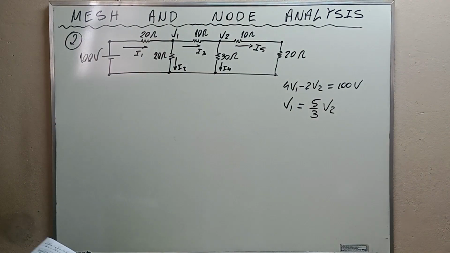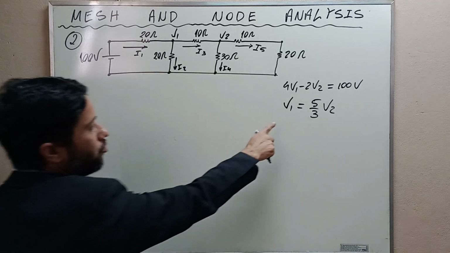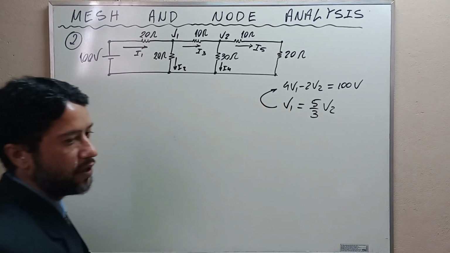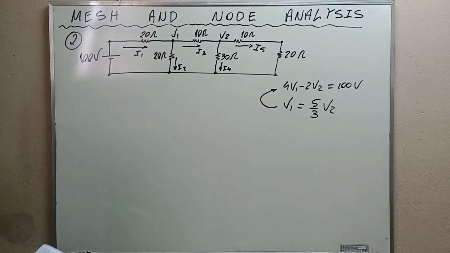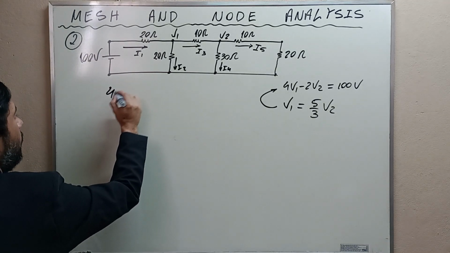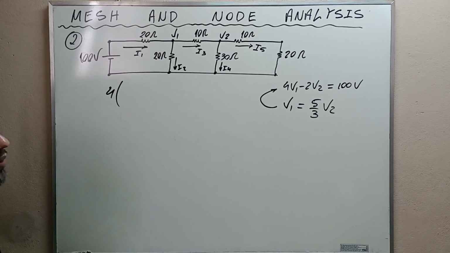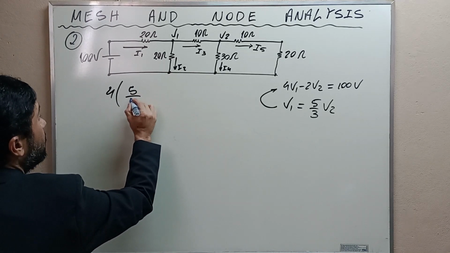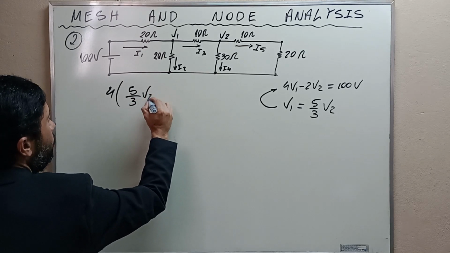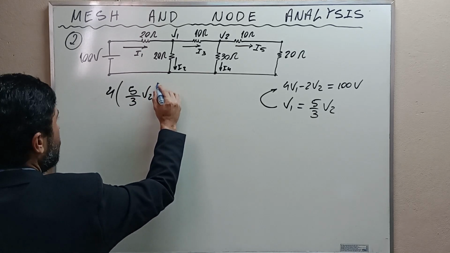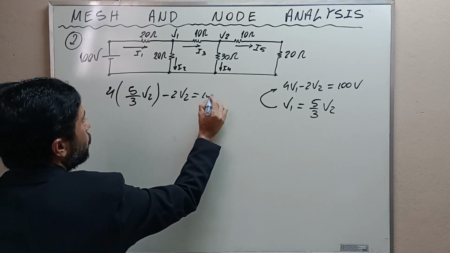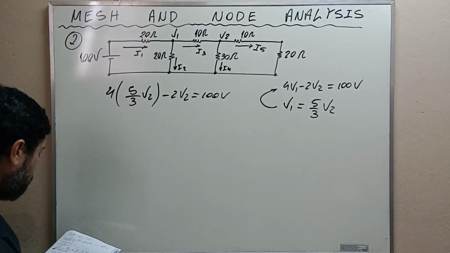And applying this result in the first equation, 4 times V1, but V1 is 5/3 of V2, minus 2 V2 equal to 100 volts.